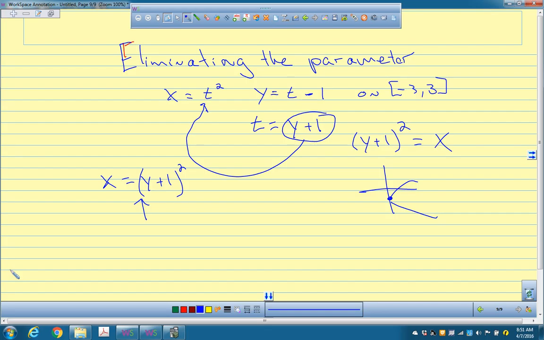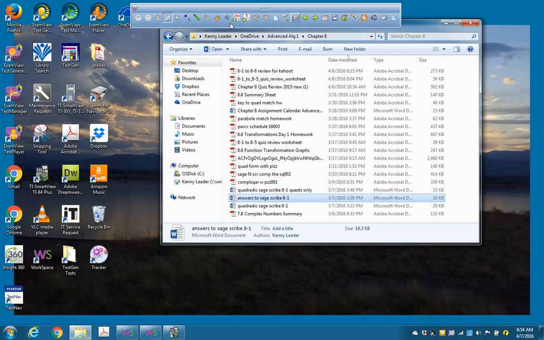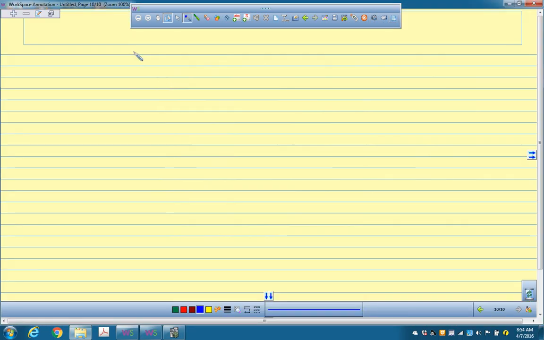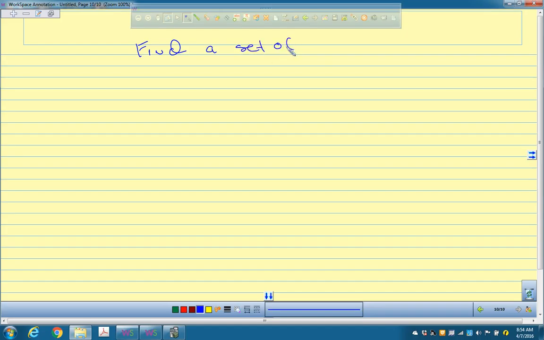And then going backwards. So this is finding a set of parametric equations from a regular equation.